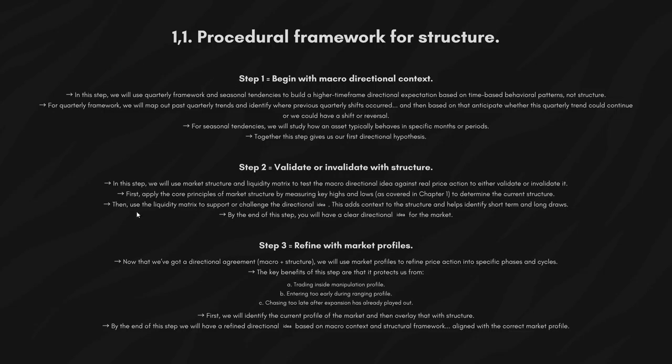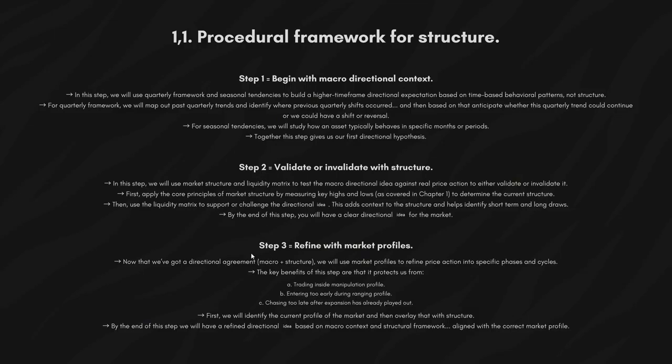And then on top of that, we overlay that structure with liquidity metrics to either support or challenge that directional idea. Okay, and this adds context to the structure and helps us identify both short-term and long-term draws with the help of IRL and ERL. By the time you're done with this step, you will have a clear and objective directional idea for the market.